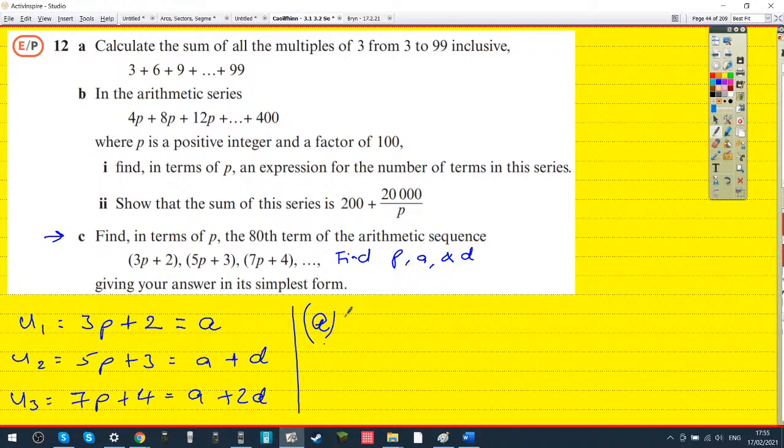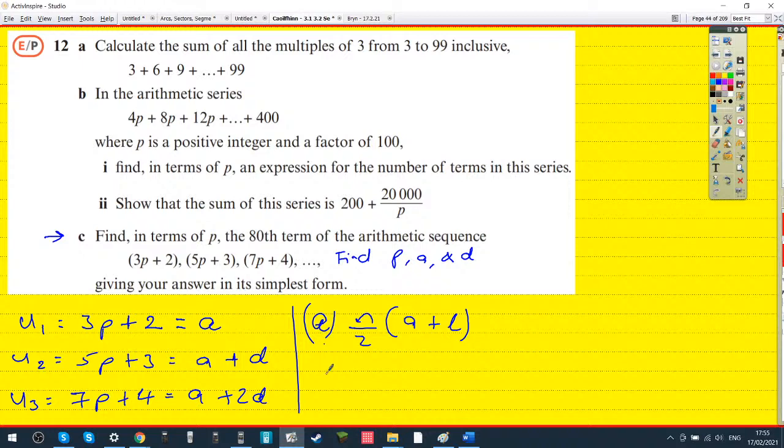Do you have to use the sum formula? Yeah. Do you remember the easier version of it? I know. N over 2 first plus last. Oh, but we don't know N, do we? What do you think?